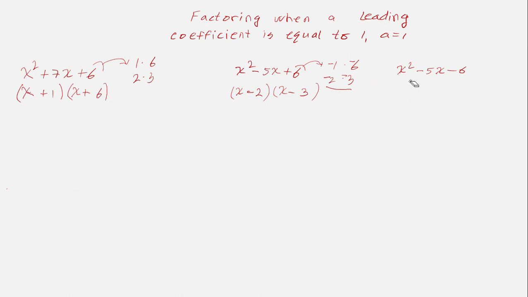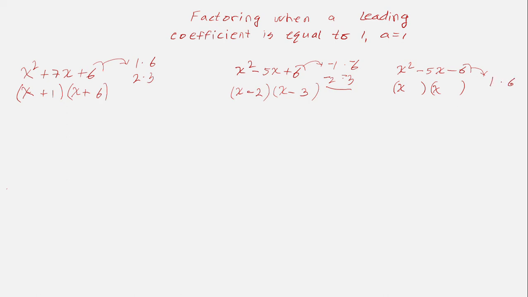Now in this problem right here, we still have a coefficient equal to 1, so we can open two sets of parentheses right away and put x in each, right, at the beginning. But now we have minus here and minus there. Again, that doesn't stop us from finding factors of this number here.